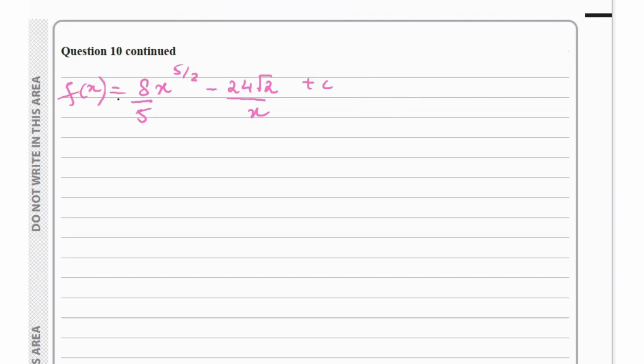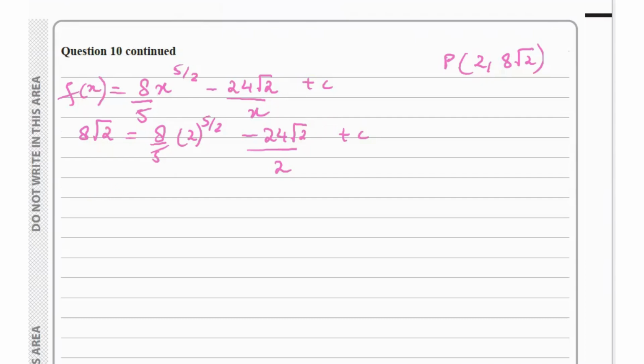To have the complete equation for f of x, we need to find the value of c. So for that, we will put point P in this equation because point P lies on the curve. So P was (2, 8 root 2). So 8 root 2 equals 8 over 5 times 2 to the power of 5 over 2 minus 24 root 2 over 2 plus c. 8 root 2 equals 8 over 5 times root of 32 minus 12 root 2 plus c.